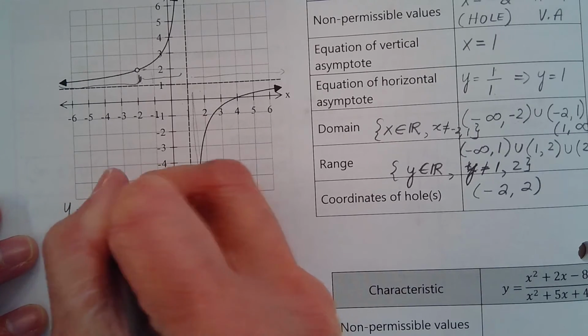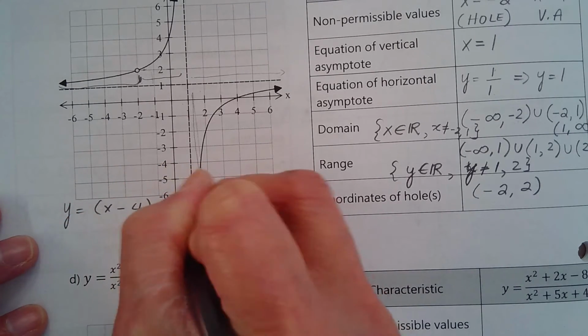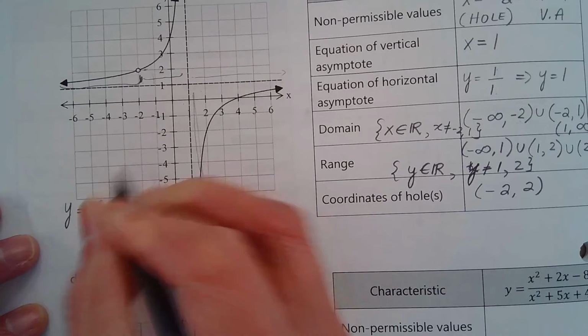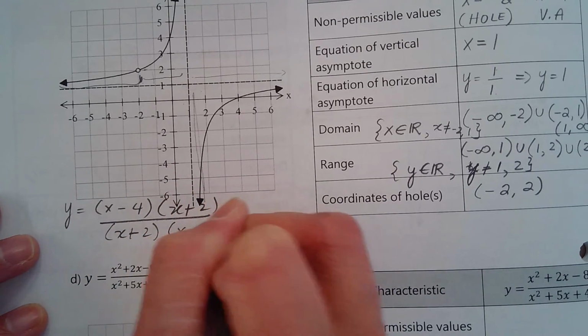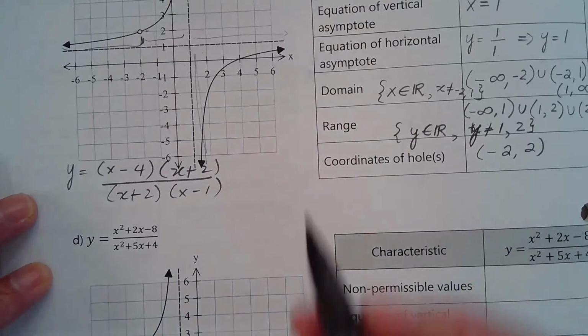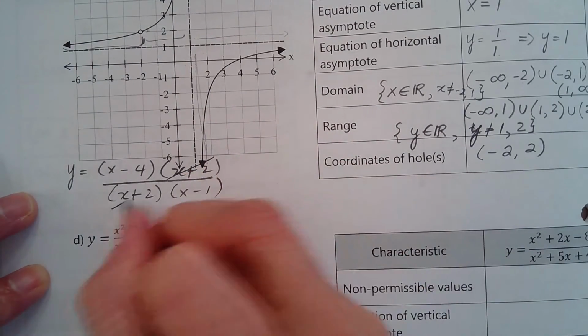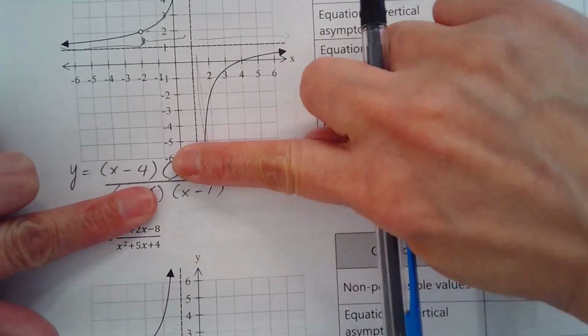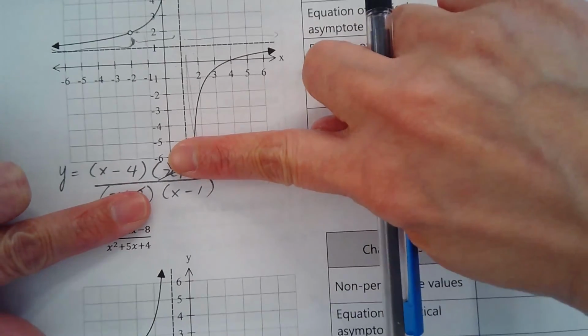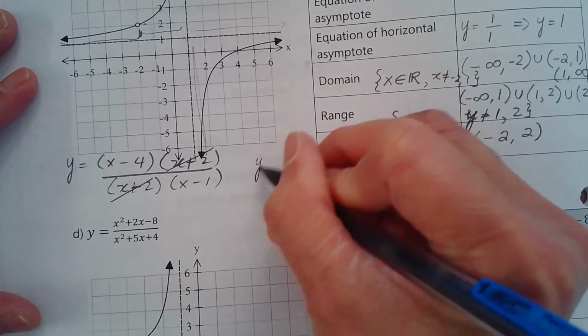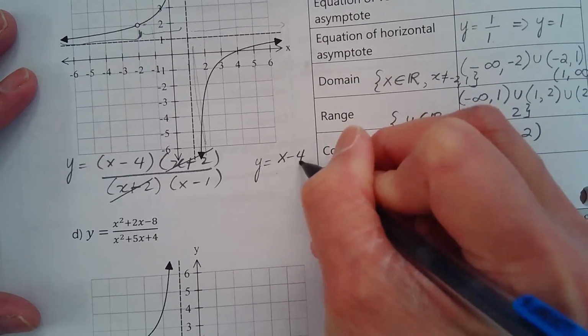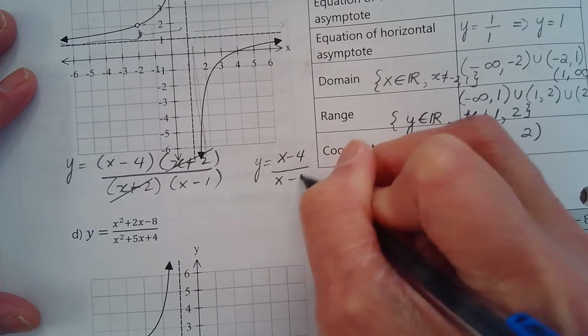y equals x minus 4 times x plus 2 over x plus 2 times x minus 1. We said that because there's a common factor, there's a hole there, right? So if we cancel those two, what's left over? y equals x minus 4 over x minus 1.